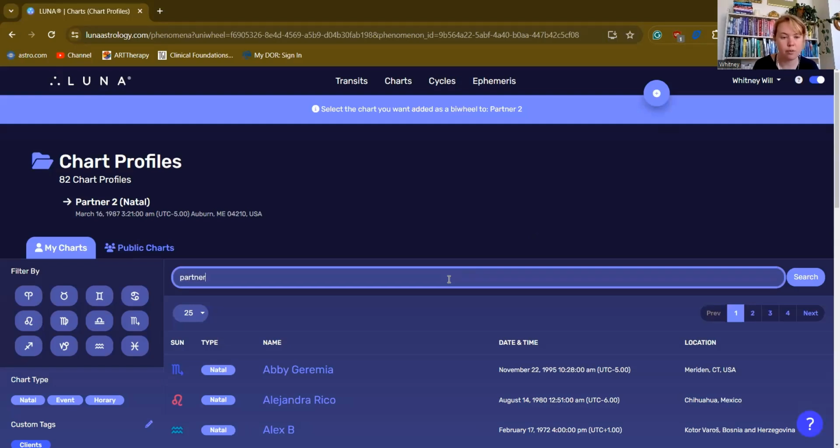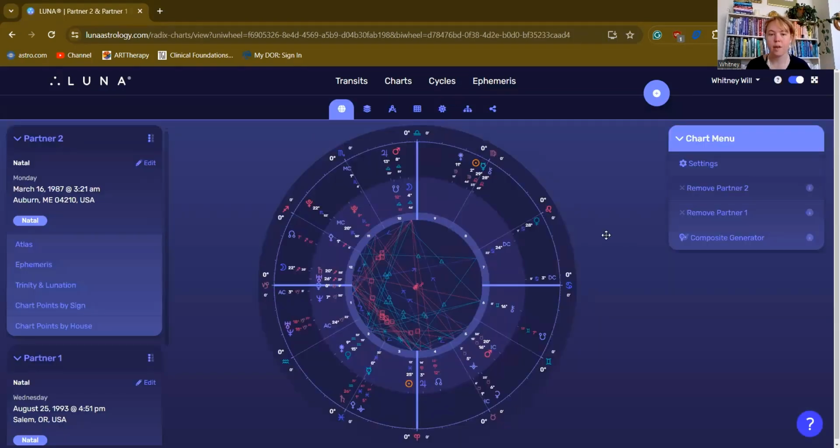And we are going to look for partner one. Okay, and here we have two charts on top of each other. So you can see we have partner two in the center, and we have added partner one's chart on the outside. And what we are going to do is compare how the charts interact with each other.